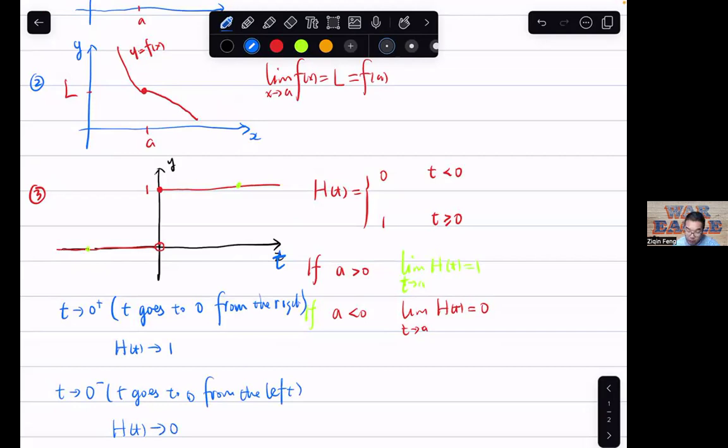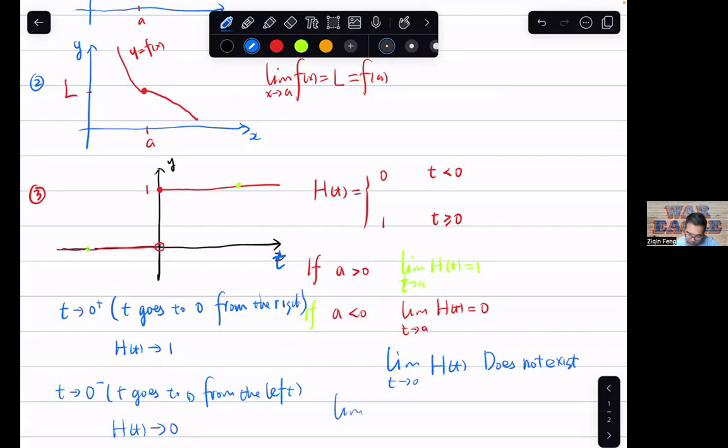Because they don't go to the same place. Which means as t goes to 0, the limit of h of t does not exist. But by our discussion, this function has a right limit and also has a left limit. So we can write that down.